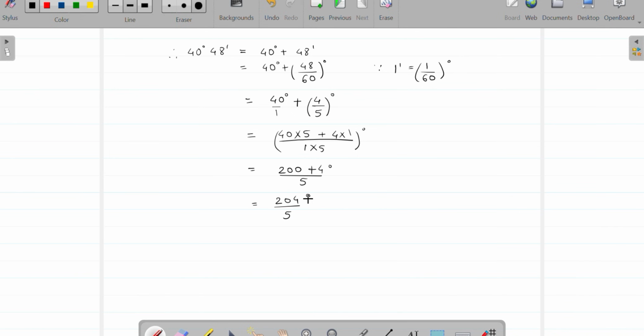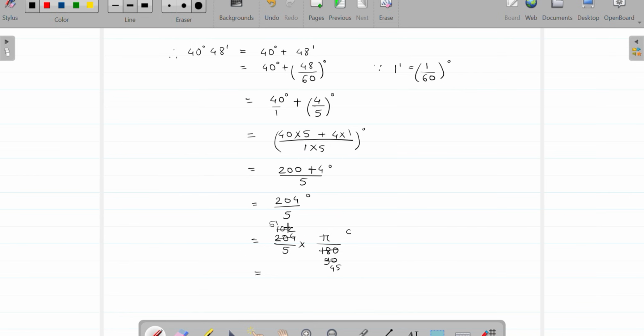204/5 in degree. And to convert this degree into radian, we have to multiply the given angle by pi/180. 204/5 into pi/180 radian. Dividing both numerator and denominator by 2, we get 102, and here we get 90. Again dividing by 2, here we get 51, here we get 45.